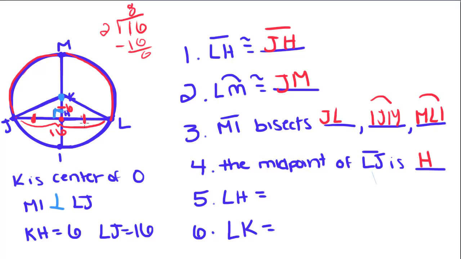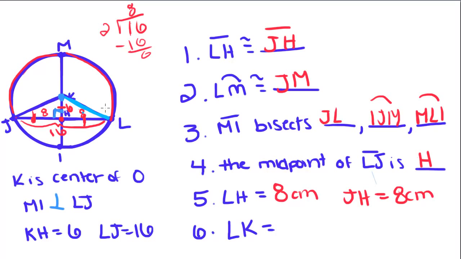So each one of these pieces has to be 8, I think it's centimeters, 8 centimeters. So LH is 8 centimeters, and JH is also 8 centimeters. Now they want to know the length of LK, this segment right here.